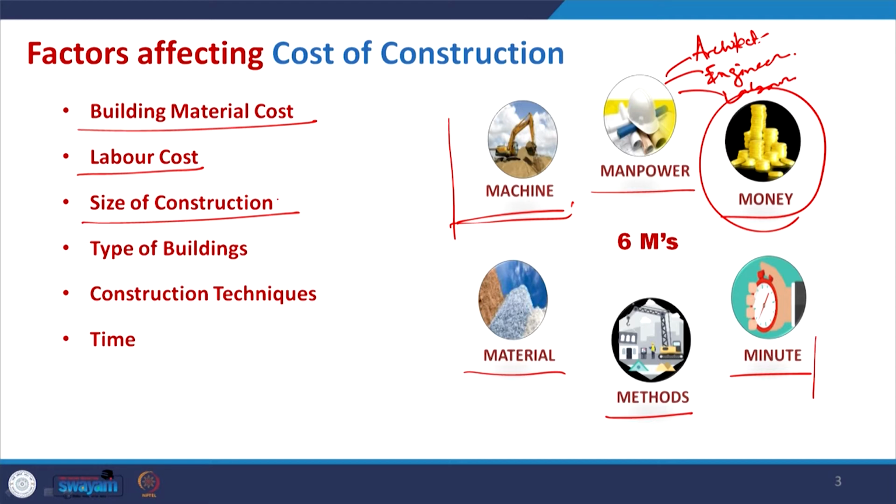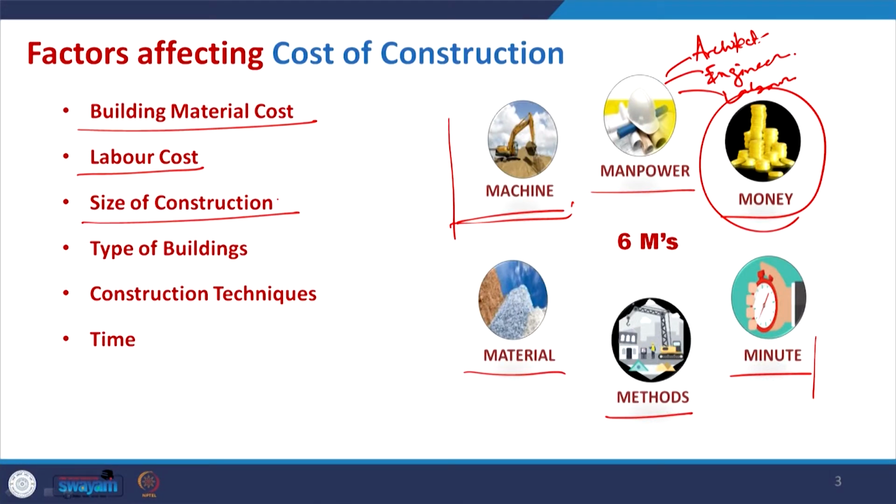If you just think of precast or prefabricated elements as construction material, that means it will not be cast in situ. It is fabricated somewhere else and it is just a plug and play kind of arrangement. Then in that case, for a small construction, it will not be cost effective, because you have to have an area where this prefabrication can happen, and you need some kind of machinery.